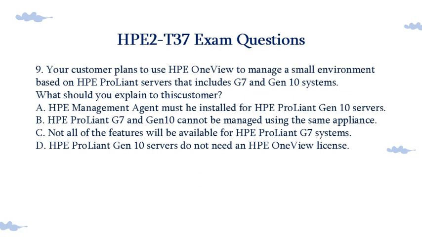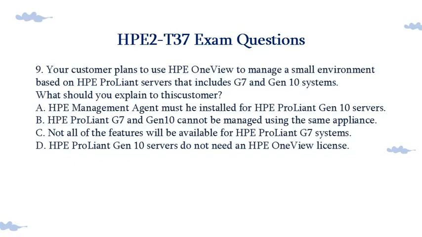9. Your customer plans to use HPE OneView to manage a small environment based on HPE ProLiant servers that includes G7 and Gen10 systems. What should you explain to this customer? A. HPE Management Agent must be installed for HPE ProLiant Gen10 servers.